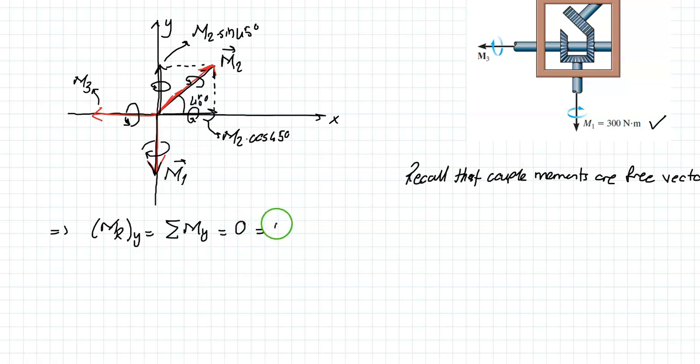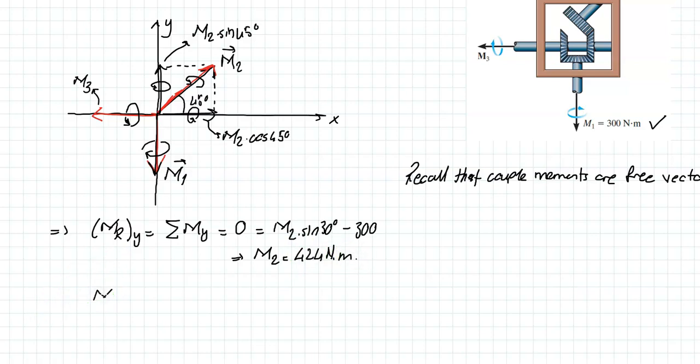And that is M2 times sine 30 minus 300. From here we find M2 to be 424 Newton meter.